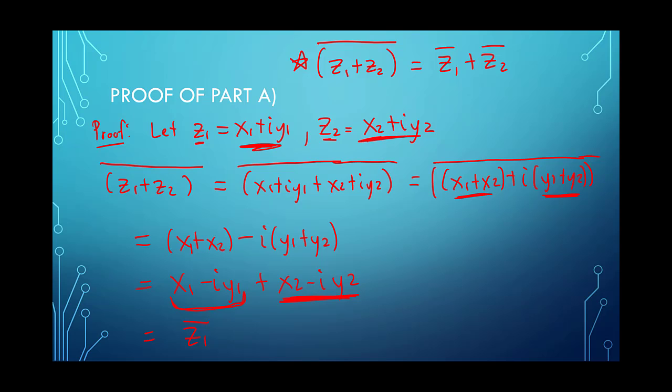That's going to be the complex conjugate of z2. Boom. So we have that the complex conjugate of the sum of two complex numbers is equal to the sum of the complex conjugates of those complex numbers. Kind of a mouthful there. But again, notice that the complex conjugate is distributing over a sum.